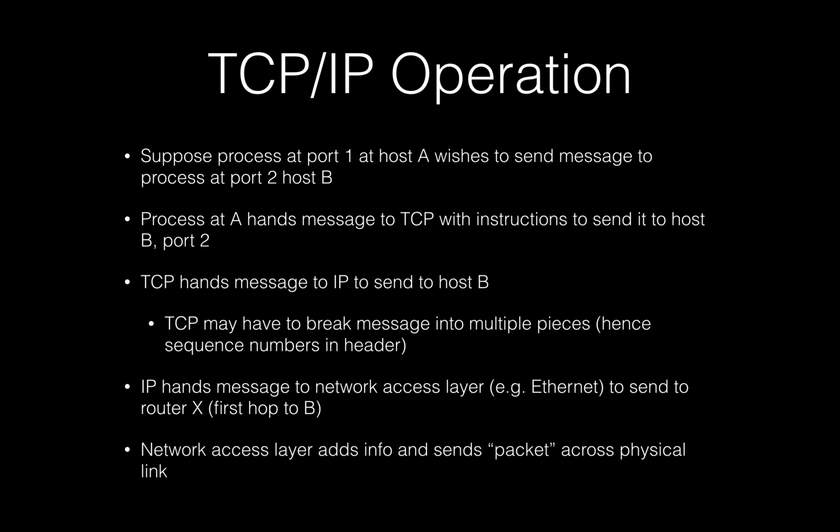Okay, so here we have a basic TCP/IP operation. Suppose a process at port 1 at host A wishes to send messages to a process at port 2 at host B. The process at A hands a message to TCP with instruction to send it to host B on port 2.